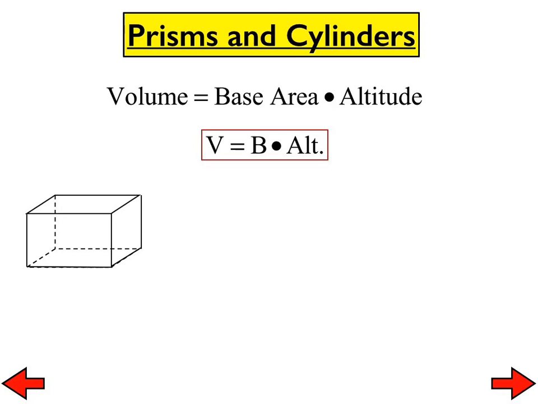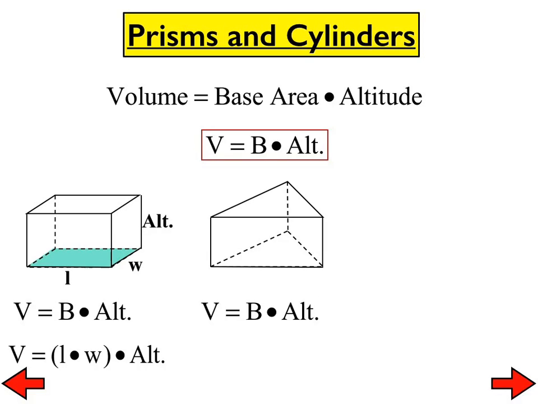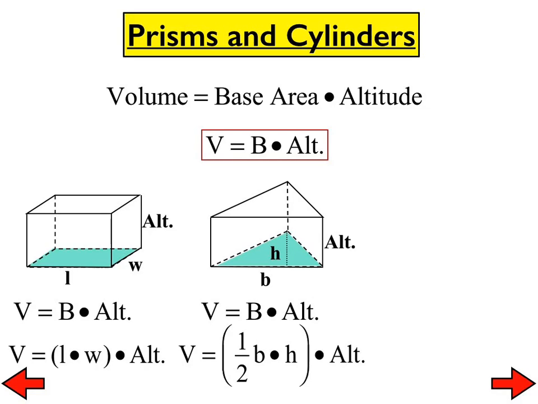So if we had this shape, which is a rectangular prism, we would find the area of the rectangle and multiply it by how tall it is. And some of you were given in 6th grade length times width times height, which you could think of that way. In this one, we have a triangular prism, so we would find the area of the triangle and multiply it by how tall it is, which once again I'm referring to as the altitude.